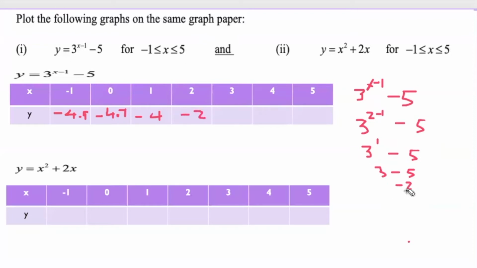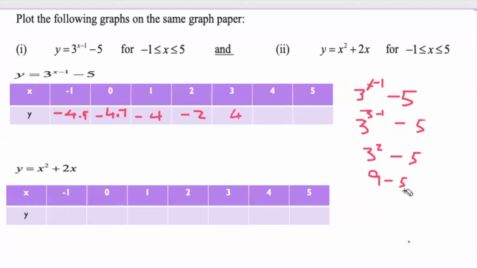Now I'm going to do when x is equal to 3. So replace here to be 3. So I have 3 take away 1, that's 2. So I'll have 3 squared minus 5. So that's 9 minus 5 to give me 4. So I'll have a 4 right here.